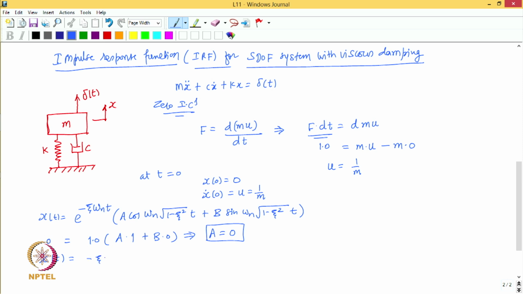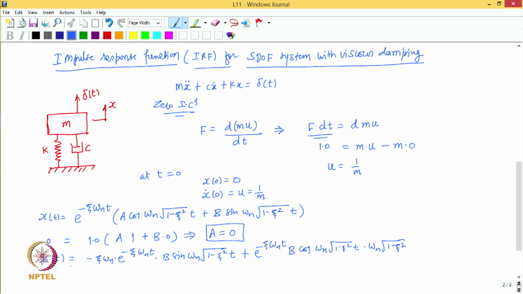So, that gives us minus zeta omega n e to the power minus zeta omega n t into b sine omega n under root of 1 minus zeta square t, plus e to the power minus zeta omega n t, differentiation of sine would be cos omega n under root of 1 minus zeta square t into omega n under root of 1 minus zeta square.